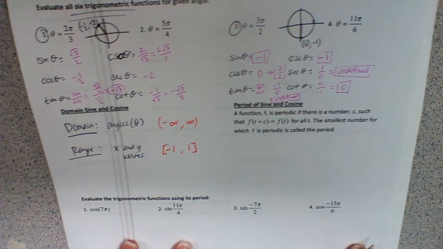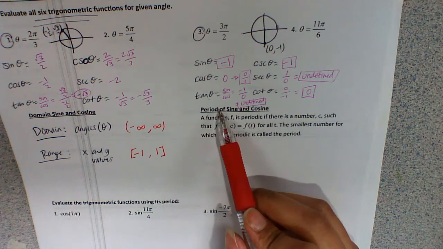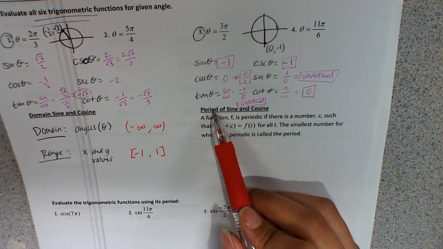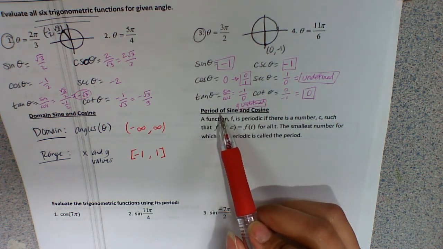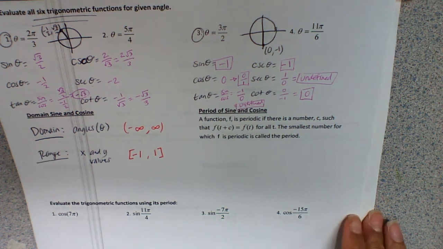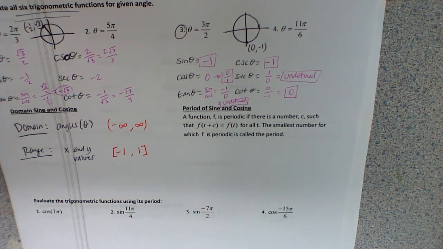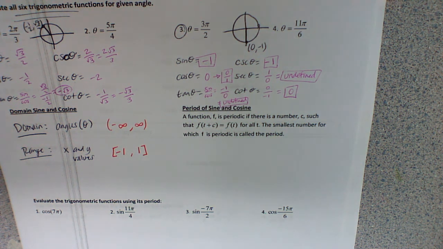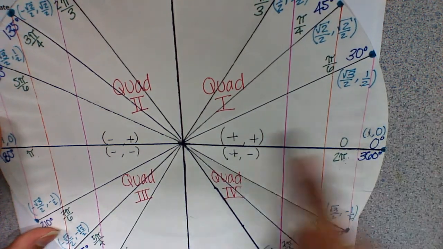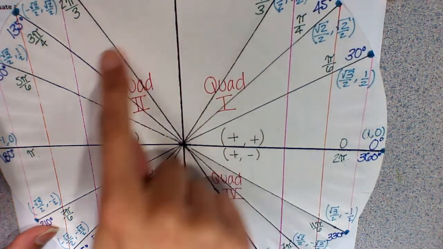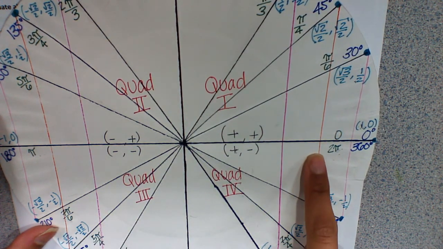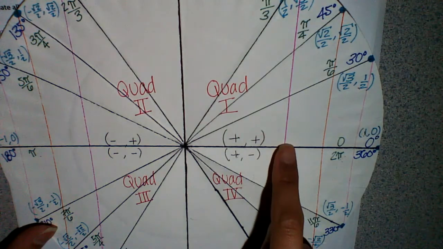So now if we take that a little bit further, let's talk about period. Period refers to the number of radians that you have in the unit circle before you start repeating. So in other words, if I take a look at the unit circle, we know that typically these are the angles that we work with, but we can always talk about more.